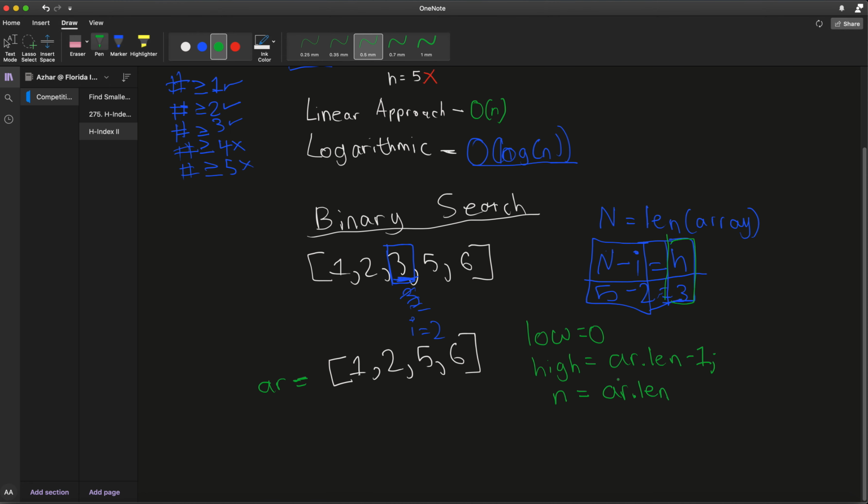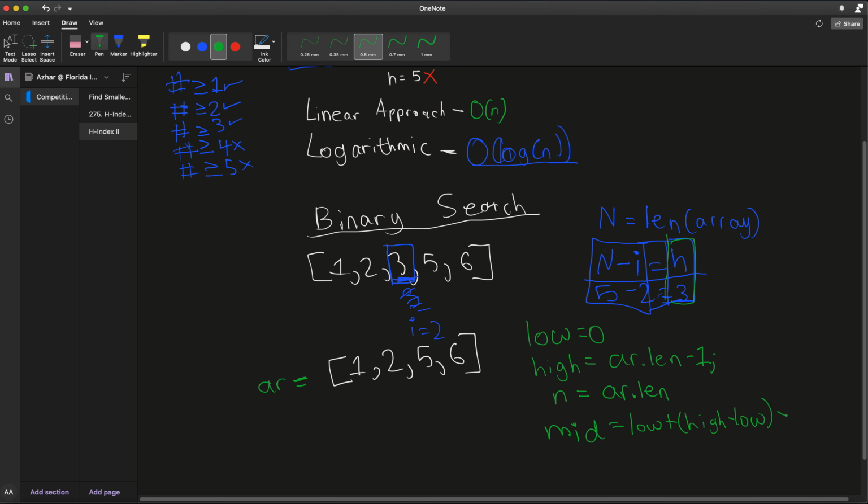So we have our values here. So let's go ahead and take the middle. What is the mid at this specific point, right? The mid is equal to low plus high minus low, divided by 2, my apologies.